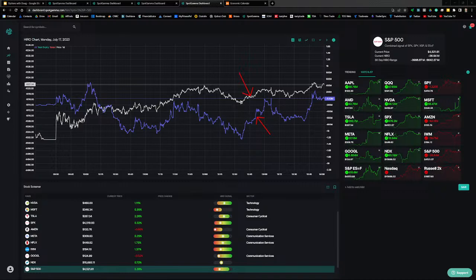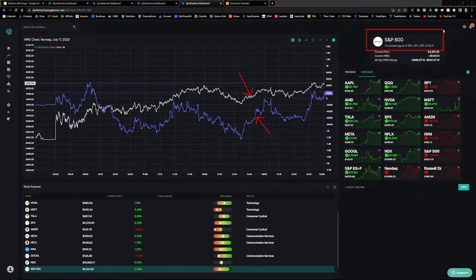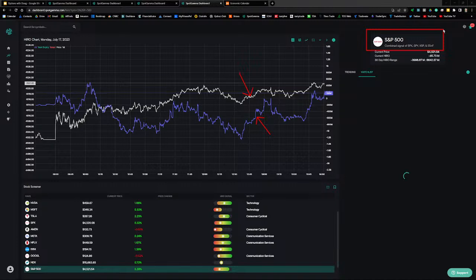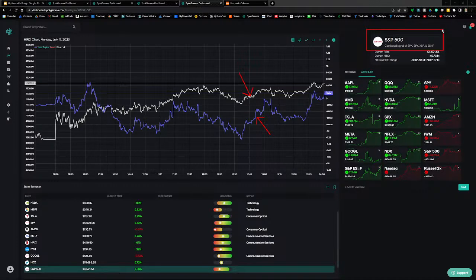All right, so for today, we're looking at the hero signal. The white line is the SPX price. The purple line is the hero signal for a combined SPX, SPY, XSP, and ES futures. So combining all those instruments, the options trades on those instruments into one signal for the S&P 500.